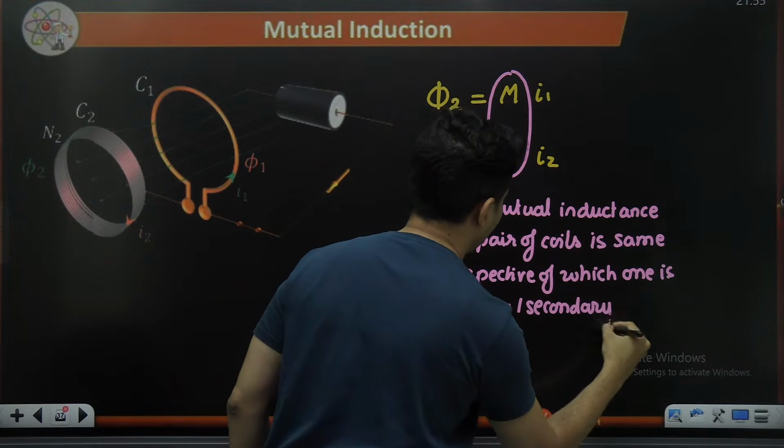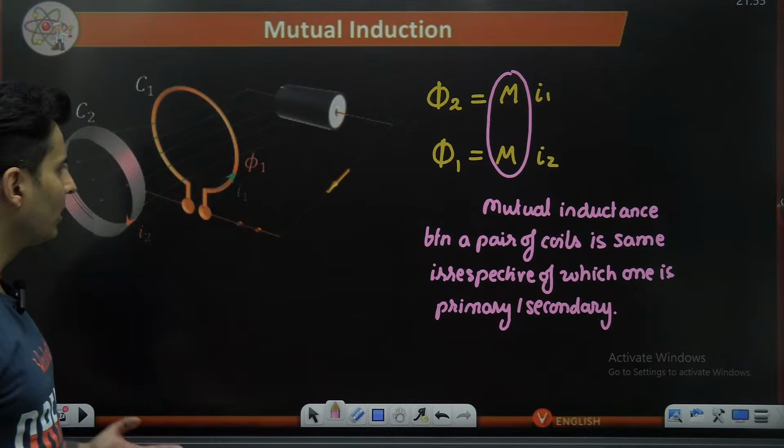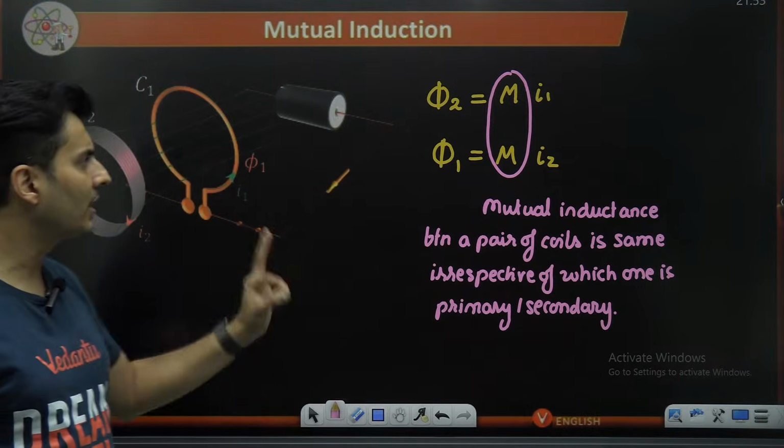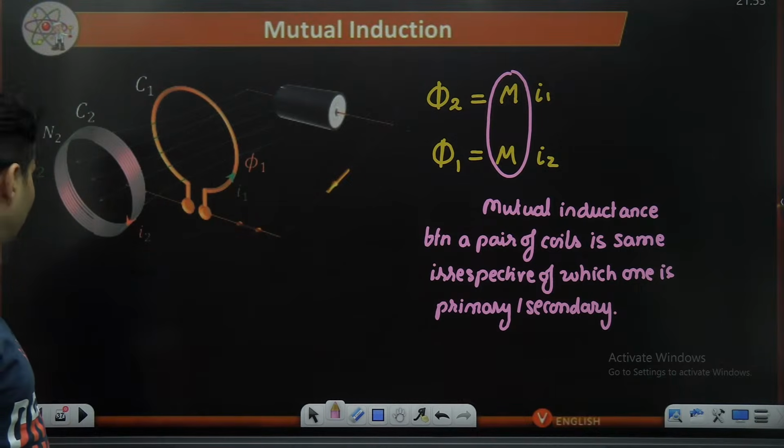So it really doesn't matter. You can choose as per your own convenience which one is primary or secondary. The mutual coefficient of inductance is the same. Okay, this is very, very important.